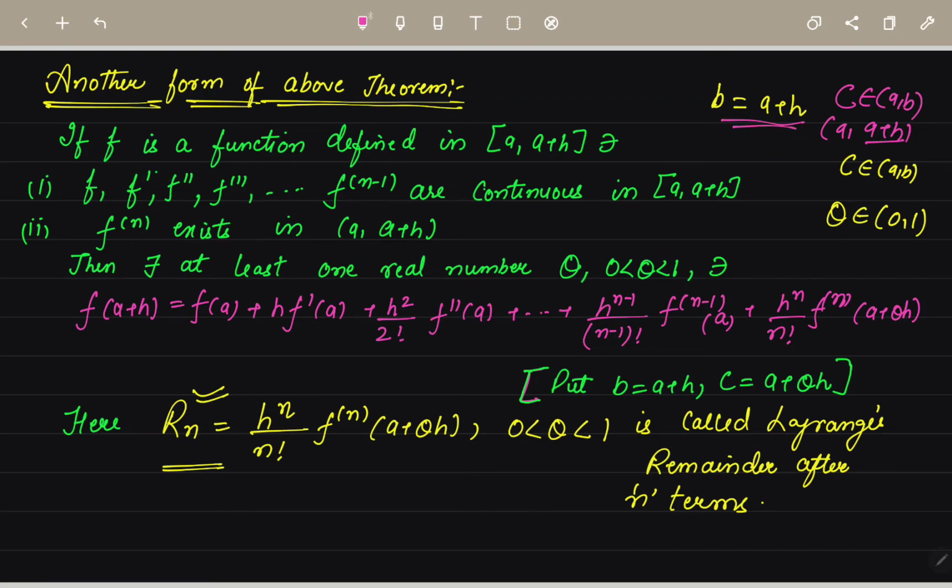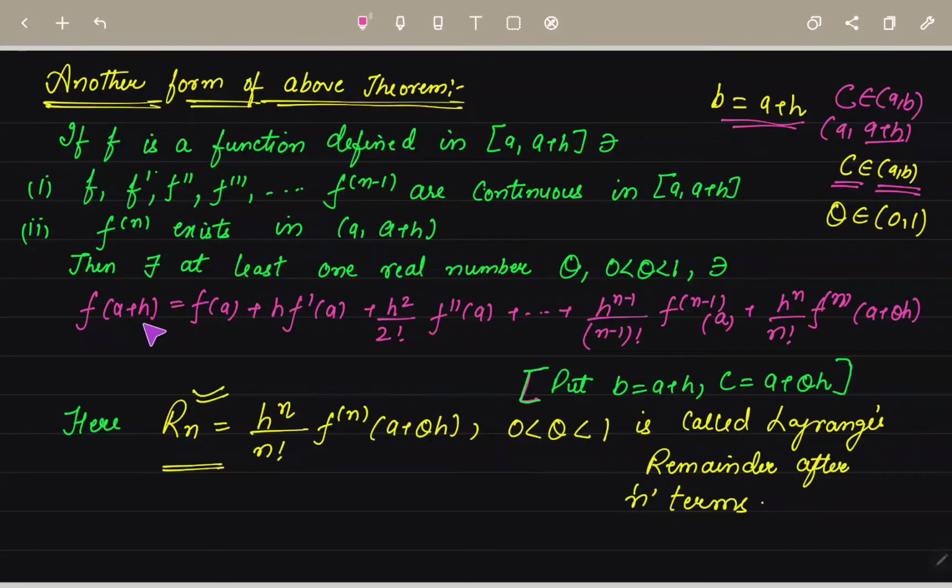This theorem states that if f is a function defined in this closed interval such that the function and all its derivatives are continuous in this closed interval, and its nth derivative exists in the open interval, then there exists at least one real number theta. In the previous case the real number was c, which belongs to the open interval a and b. Now I am writing that at least one real number theta exists which lies in the open interval 0 and 1, such that this condition holds.